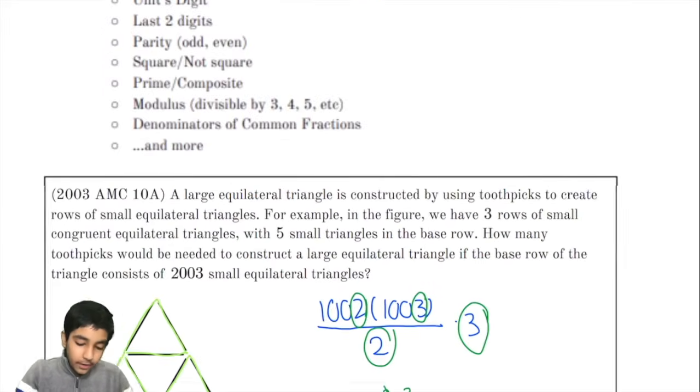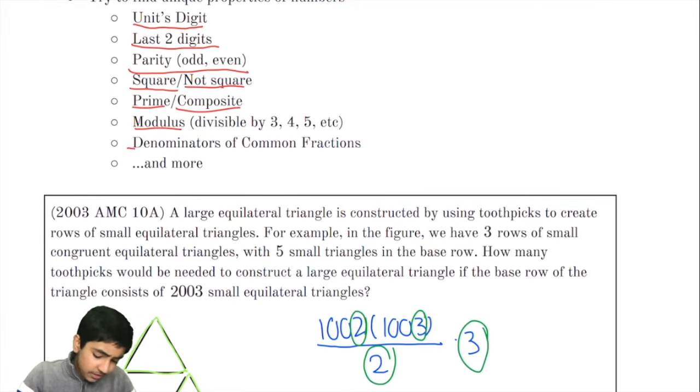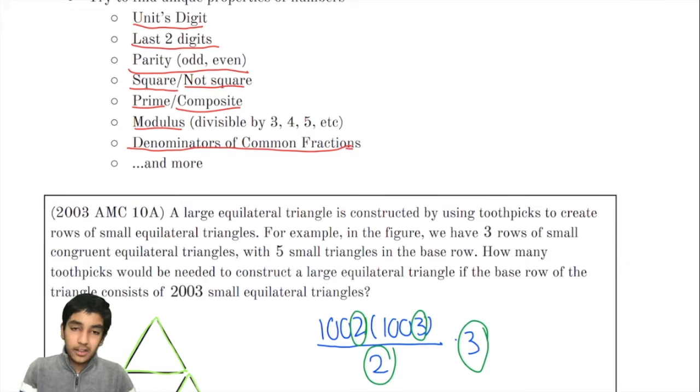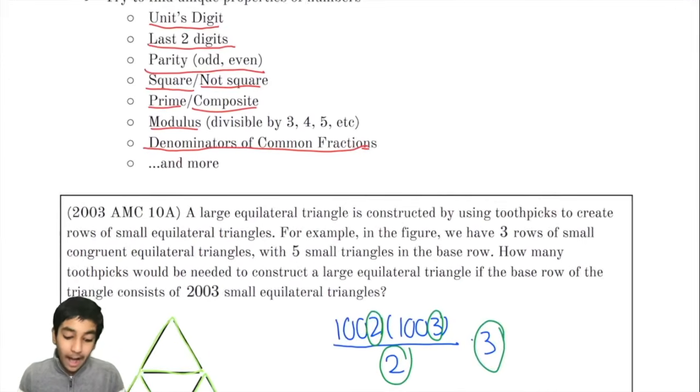You can do the same thing for unit digit, last 2 digits, parity, whether it's odd or even, square, whether it's a perfect square or not, prime number, composite number, modulus, denominators of common fractions, and many more. So it's not limited to these. In general, just look for the unique defining properties, and also, as we'll explore soon, you can look for the choice that's the odd one out.